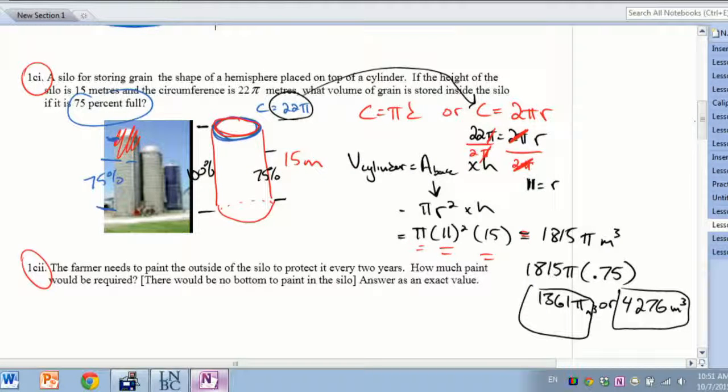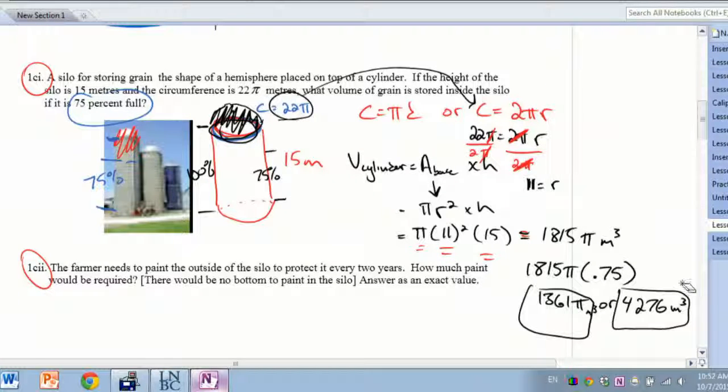Calculated volume, both the hemisphere and the cylinder. That could be it. I suppose that would make sense because if it's 75% full, it's also talking about the hemisphere on the top as part of that 75. So maybe I need to add that on.